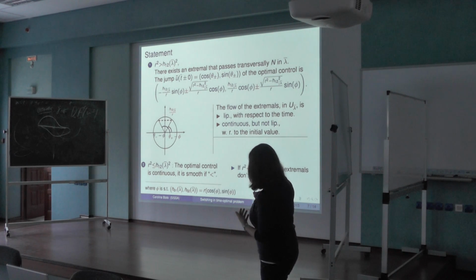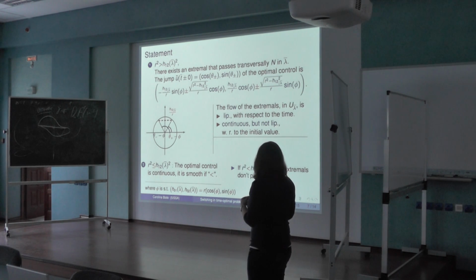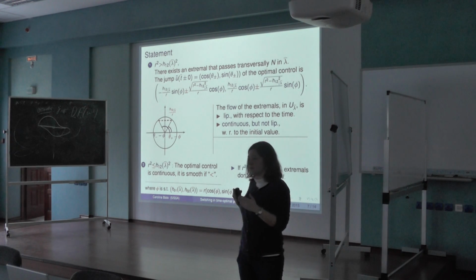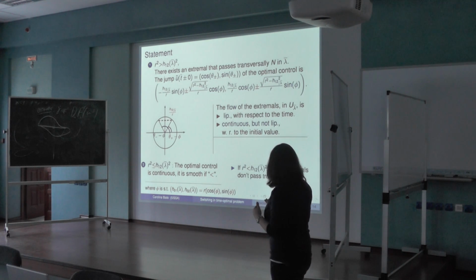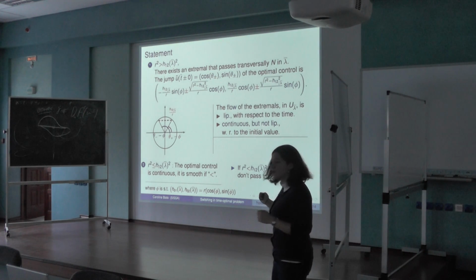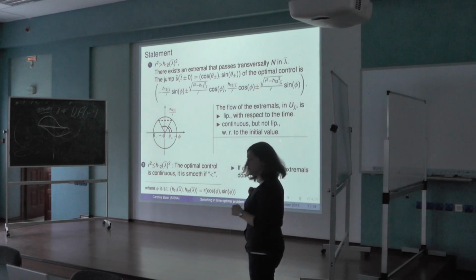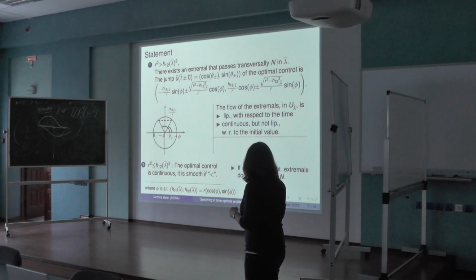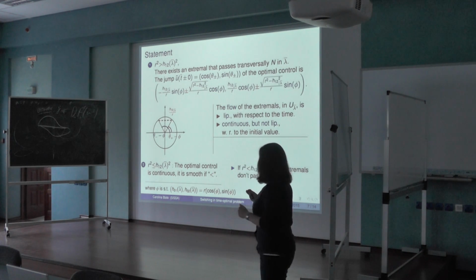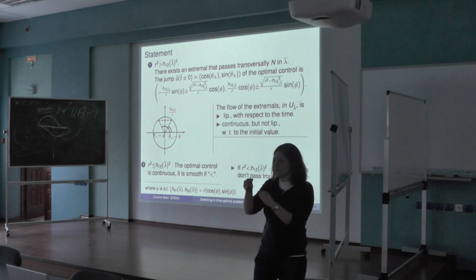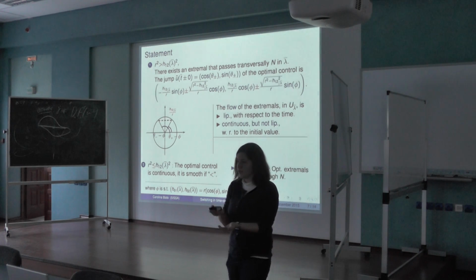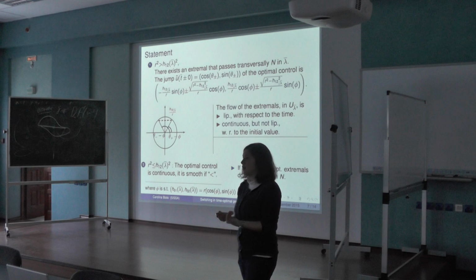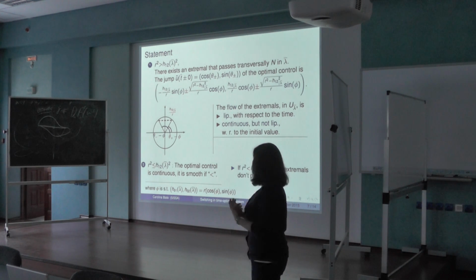We also studied the flow of extremals that pass through this singular locus, and we observe that the trajectories are Lipschitzian, and the flow is continuous with respect to initial values, but not Lipschitz. This is the problem: at this moment we cannot say that the extremals that pass through the singular locus are all optimal, because we know the Pontryagin maximum principle gives only a necessary condition of optimality, not sufficient.